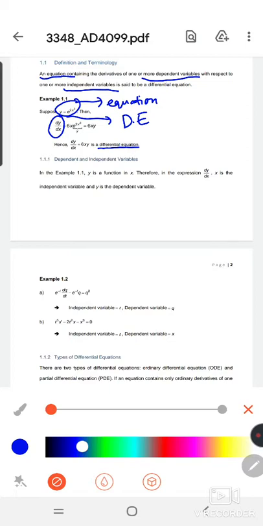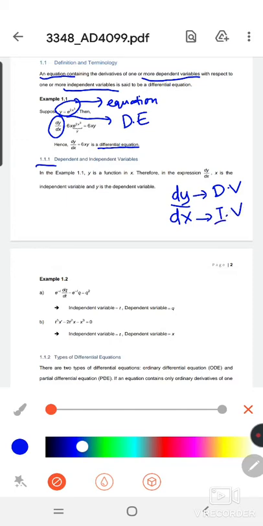Okay, for the next topic, dependent and independent variables. In example 1.1, y is a function in x. Therefore, in the expression dy dx, x is the independent variable and y is the dependent variable. If I say here dy dx, y is the dependent variable and x is the independent variable.